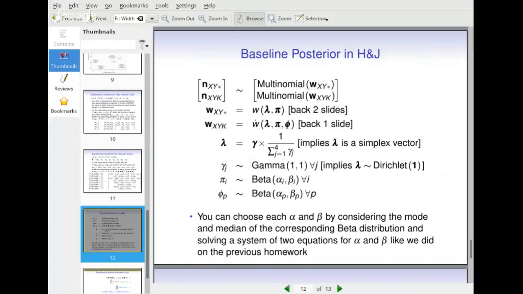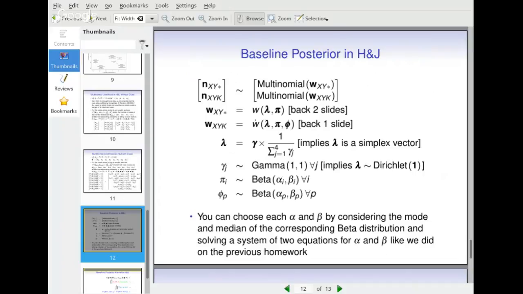So in the baseline model that Humphries and Jacobs talk about, we have these 2 different multinomials, one with 4 possibilities, the other with 8 possibilities. This is a way of describing the posterior distribution. So you usually start with what you're assuming about the likelihood. So the n's are multinomial, and the parameter to that multinomial is the corresponding w, the simplex vector for that case.